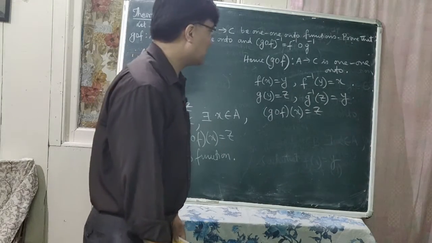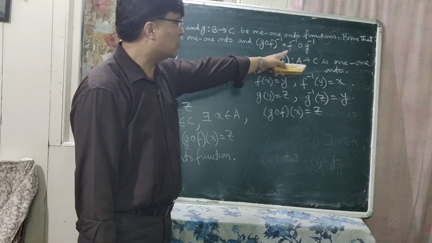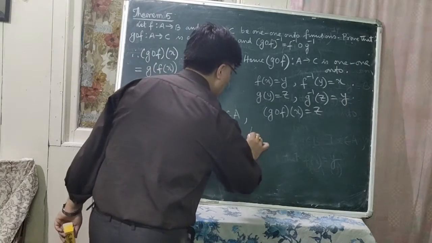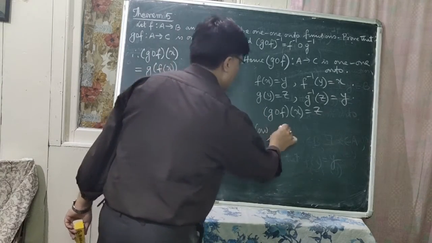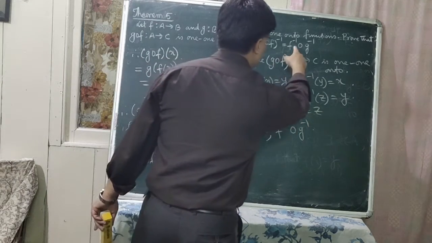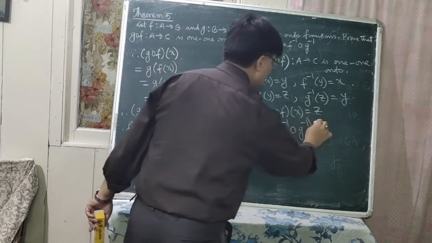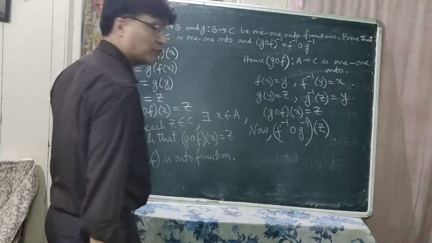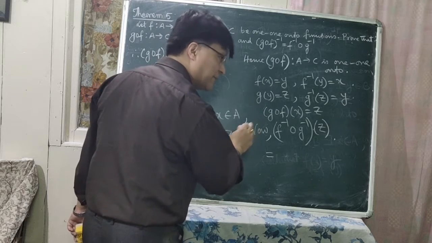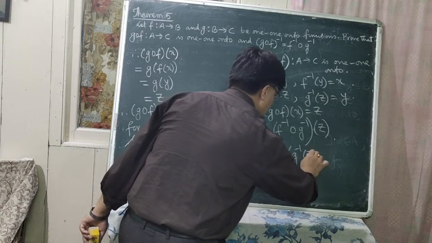So now let us prove this second part: (gof) inverse is equal to f inverse o g inverse, right? So now f inverse o g inverse of z, let us write here z, which is defined as f inverse within bracket g inverse z.